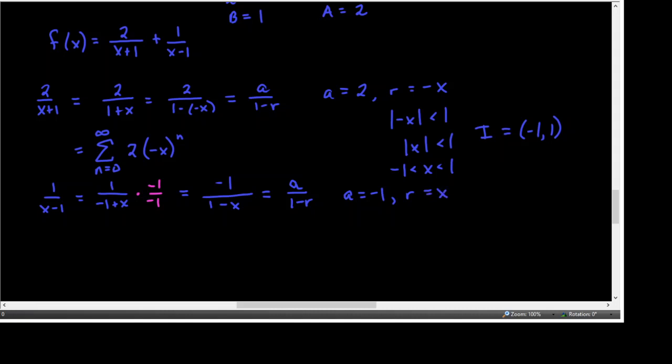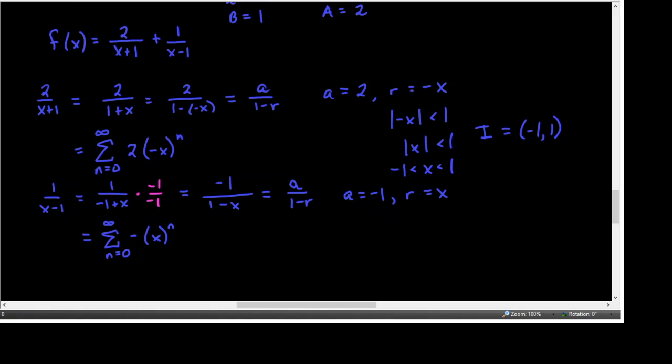So that means that the 1 over x minus 1 as a power series is sigma from n equals 0 to infinity of a, which is -1, times r, which is x, to the nth. Okay?